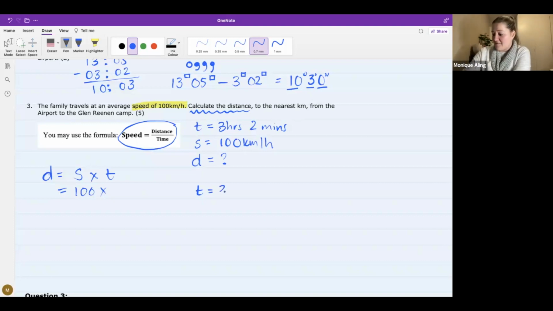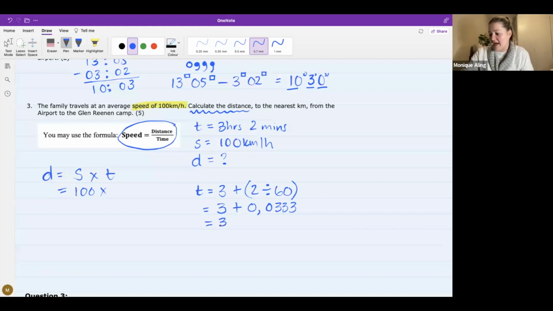So we have 3 full hours, plus we have 2 minutes. So we need to convert those 2 minutes to hours. So to do that, we divide by 60. So that gives us 3 hours plus, and if we convert the 2 minutes to hours, it gives you 0,0333. So try keep as many decimal places as possible.